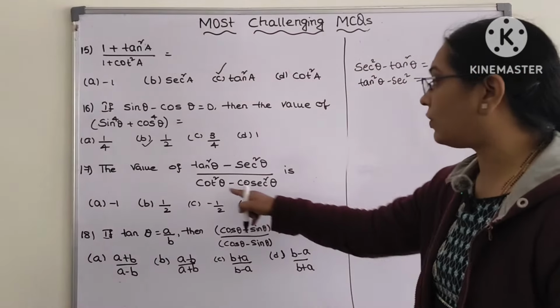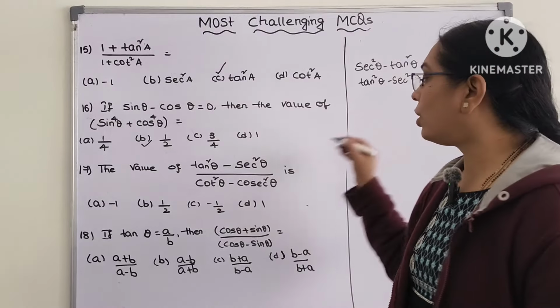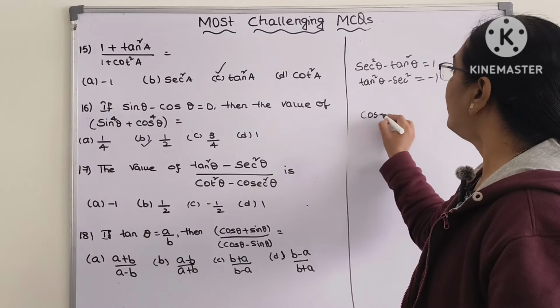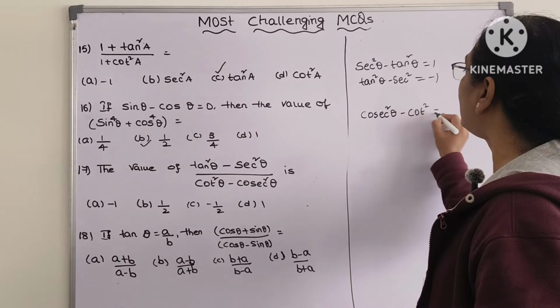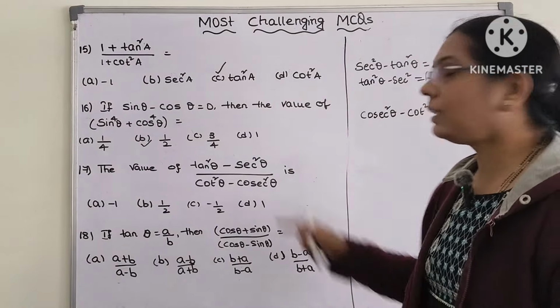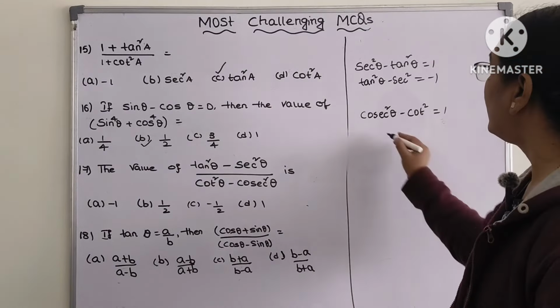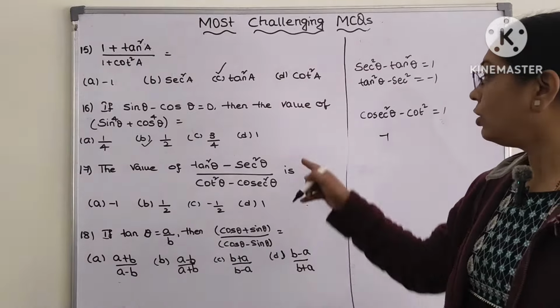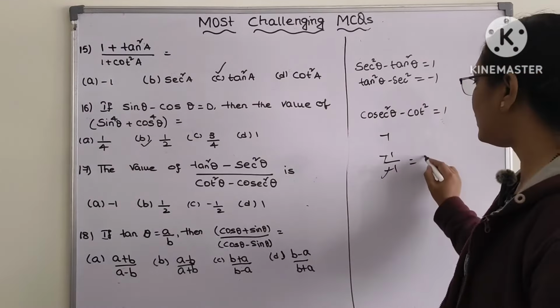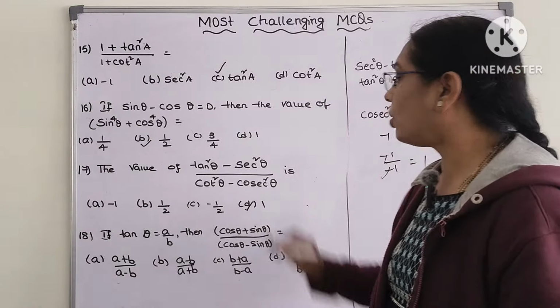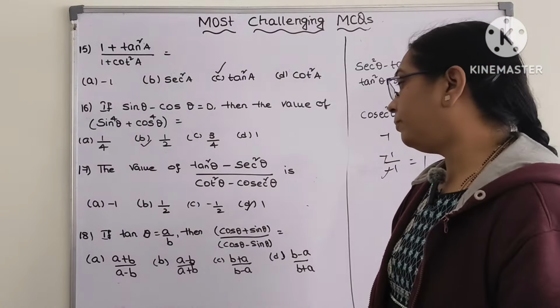Same is the case with cot square. The original identity is cosecant square theta minus cot square theta, which should be 1. But since they gave cot minus cosecant, the value is minus 1. So minus 1 divided by minus 1, the signs get cancelled. The answer will be 1. Correct option is option D, 1.